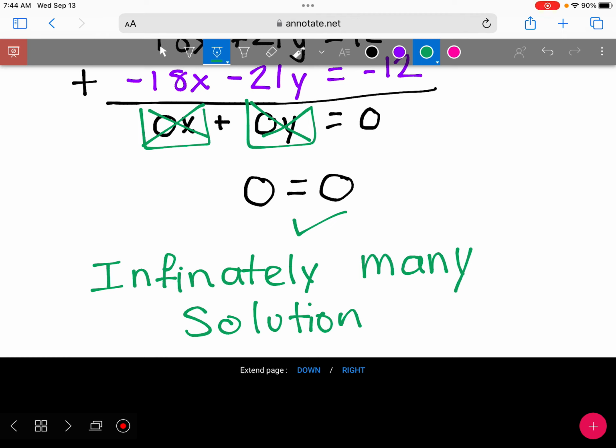This is the same line twice. It's the same line written in 2 different ways. Because if you look at our equations closely, it's literally the same equation, just multiplied by 3. Okay? So we can still get our infinitely many solutions. We could still get no solution.